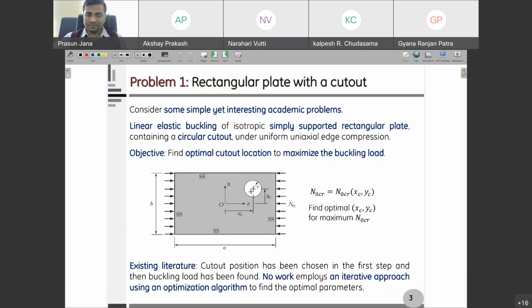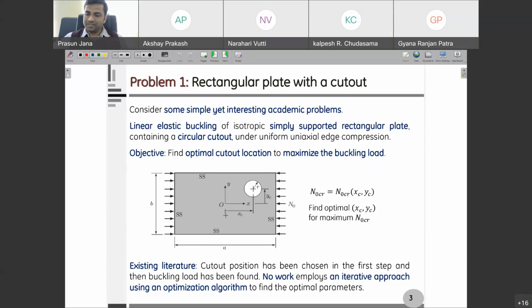If you have an unperforated structure, like a rectangular plate without any cutout, then we have analytical solutions, and we can approach this problem analytically using symbolic packages like Mathematica or Maple.